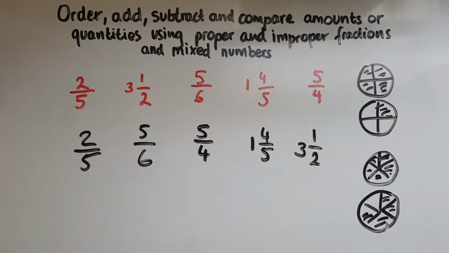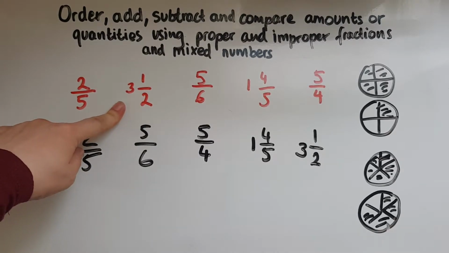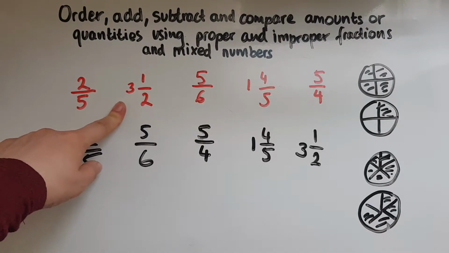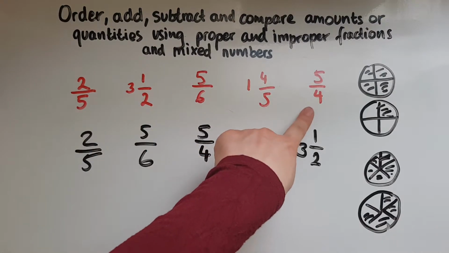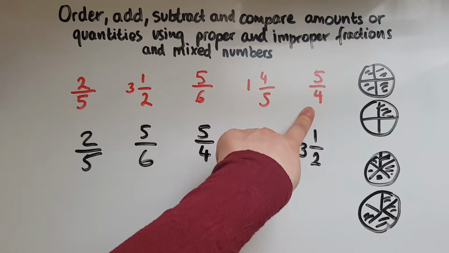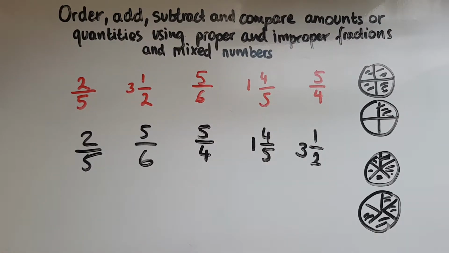So in order to bring the mixed numbers as close to a fraction, we'd need to convert them to improper fractions, like these ones. So what I would do is convert these.